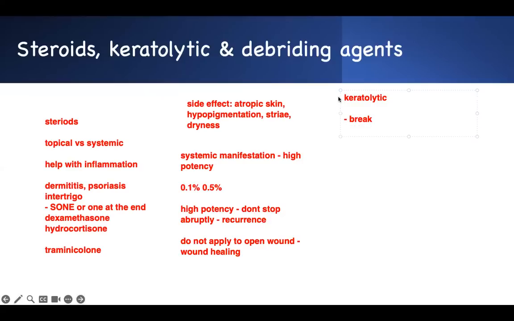It's going to reduce the thickness of the skin and soften the stratum corneum, so anything stuck on your skin, you can break it down. Keratolytics are used especially for people with actinic keratosis; it will break the keratin. So this is a condition you can use this medication for. There's a bunch of them.